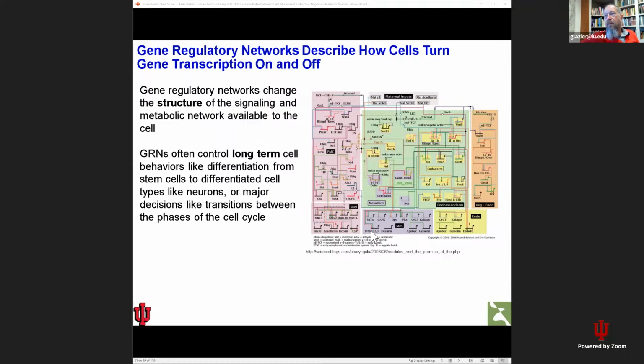The little diagram here, which is a line with an arrow coming out of the end, is meant to represent the DNA on the bottom and the messenger RNA transcript, or the pre-messenger RNA transcript, coming off of that gene. And so these kinds of diagrams represent the control of the transcription of particular genes.